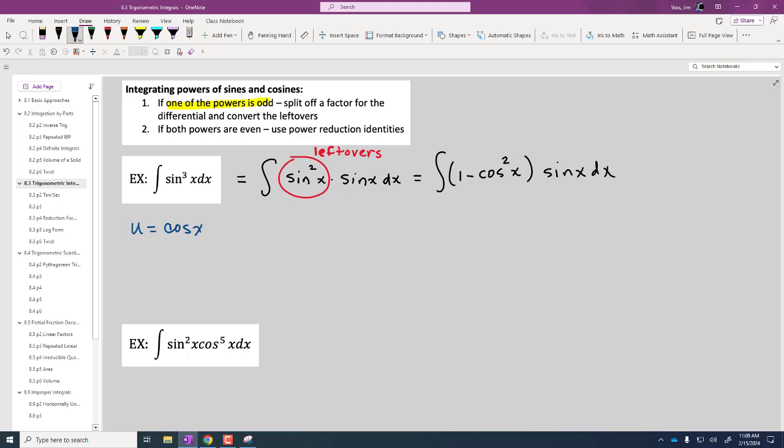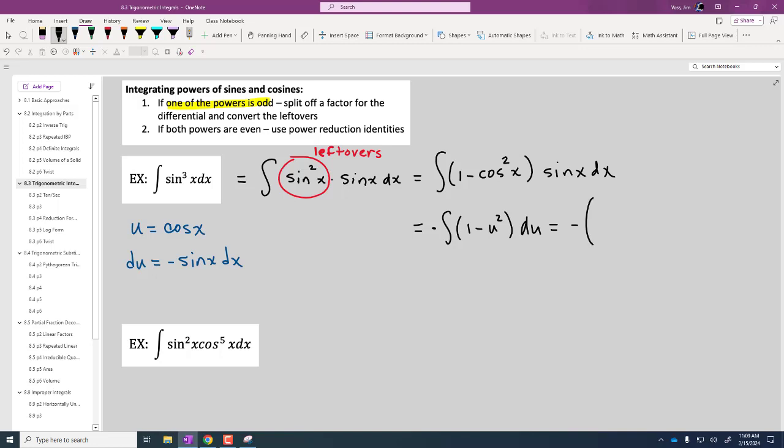If we let u be cosine, then du grabs that sine of x that we threw over to the differential. The derivative of cosine is minus sine x dx. And let's watch how this substitution unravels really nicely. This will become 1 minus u squared. And sine x dx is minus du, so we'll put a minus out in front and then a du.